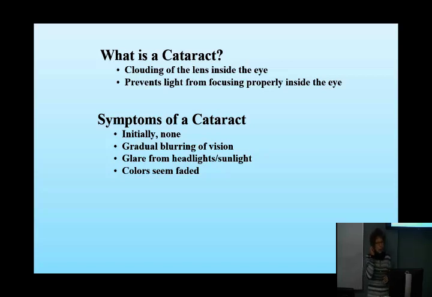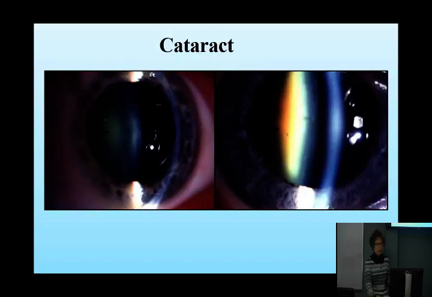So when we look in the eye for a cataract, this is a view in the eye, and you can get the same type of view using an ophthalmoscope. This right here is the lens, and you can't see the backside of it, but normally the lens is clear, so you would get maybe an appearance more like this right here for clear. It's going to look almost gray.